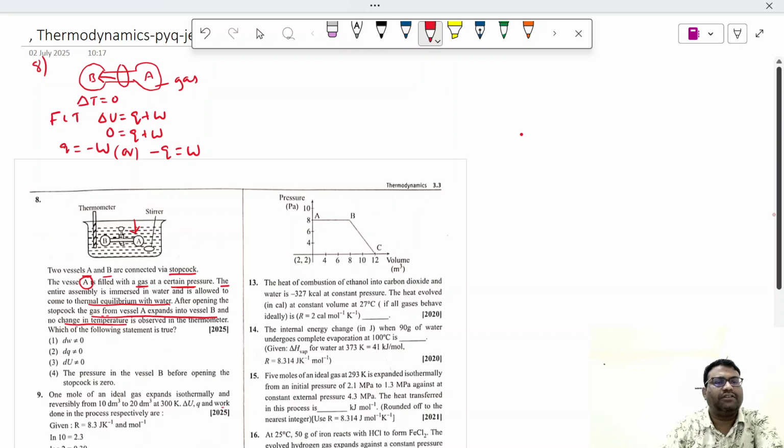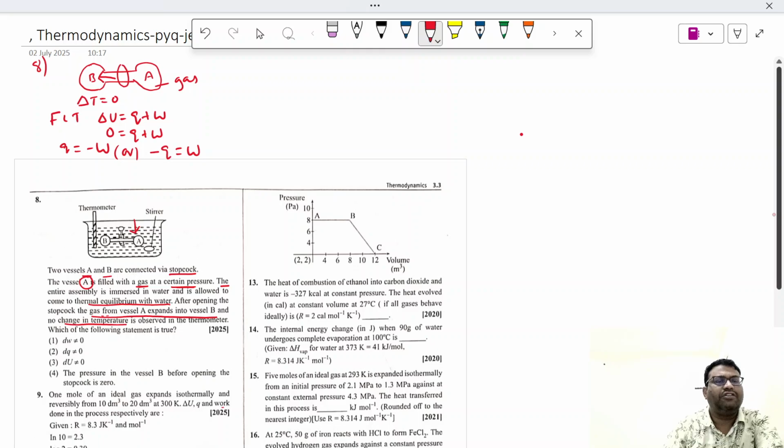When work is done, then there should be a change in the heat. When there is a change in the heat, there should be a change in Q. That means when there is a change in the heat, temperature must change. In the question it is given that temperature is not changing.